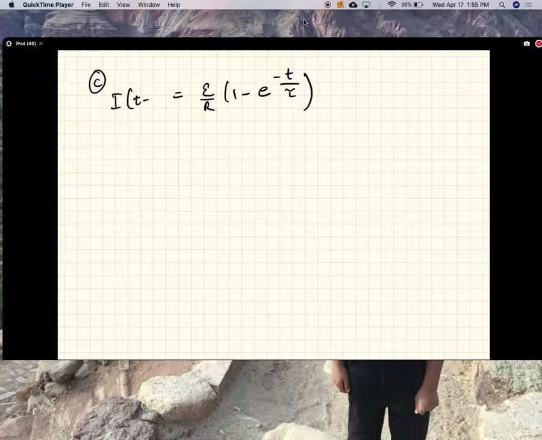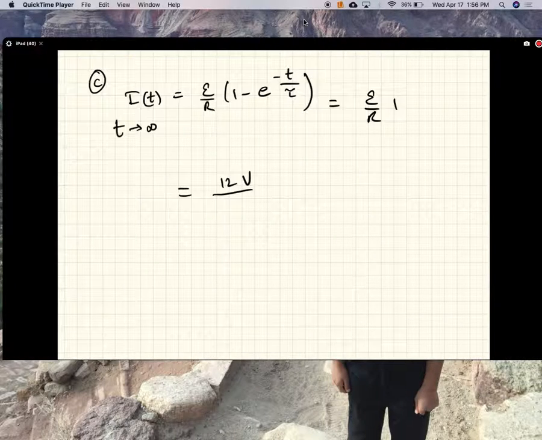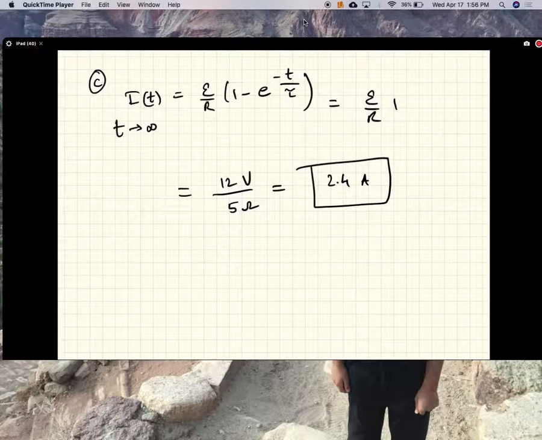T tending to infinity, so this will equal E over R. Okay, so 12 volts divided by 5 ohms. So the steady state current will be 2.4 amps. Okay.